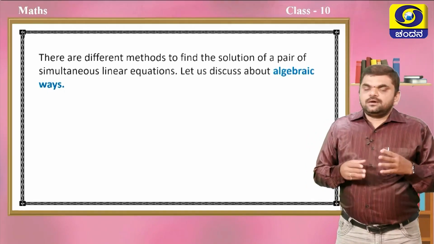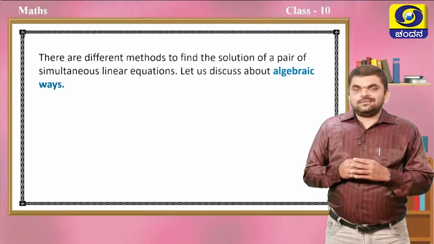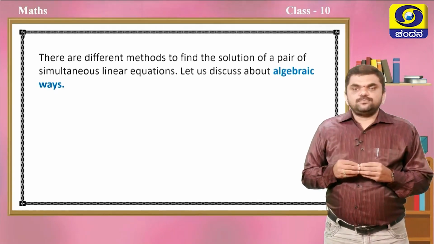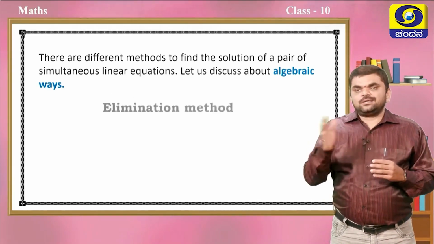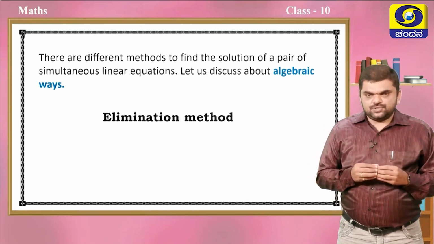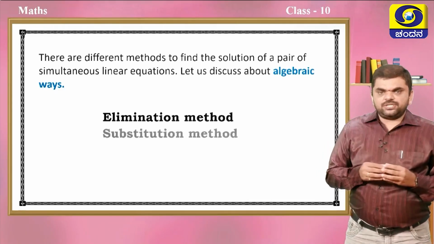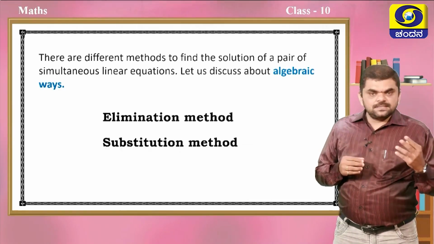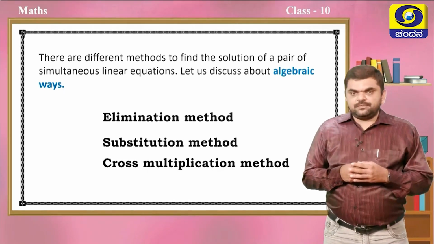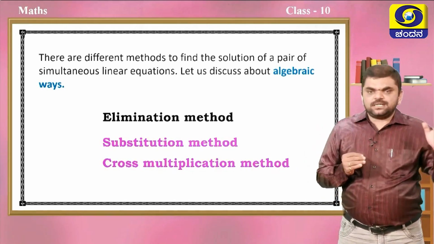Children, in our previous class we discussed the three different algebraic ways to solve simultaneous linear equations, this pair of linear equations. First one is elimination method, second one is substitution method, third one is cross multiplication method. We already know what is elimination method.